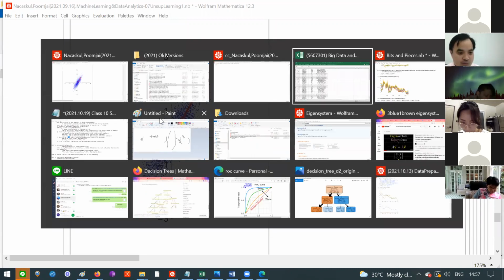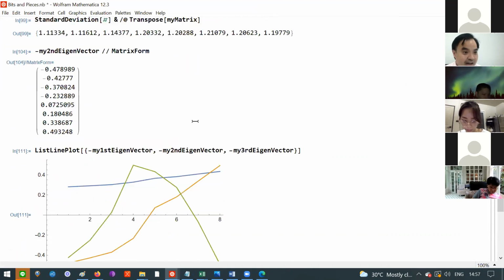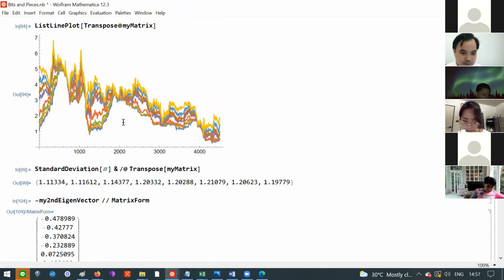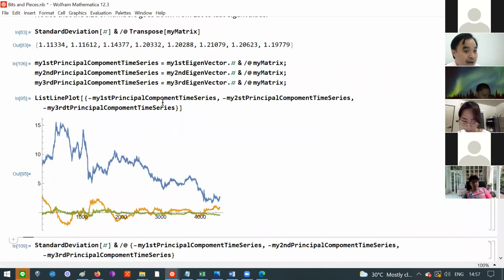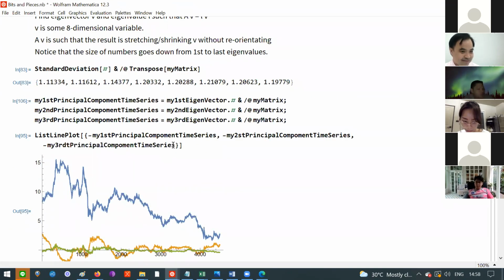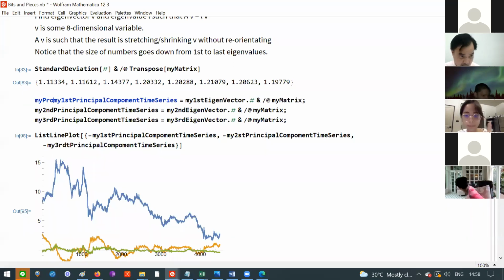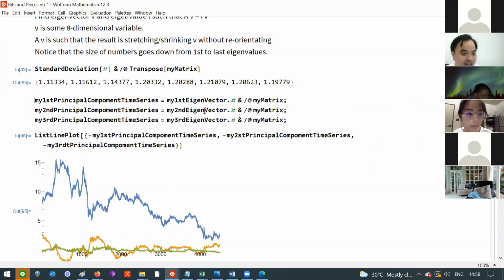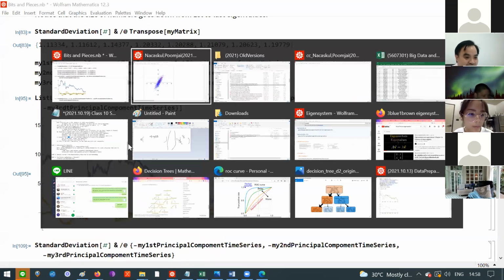So this thing that we did before, bits and pieces, this is my projection onto the first principal component.